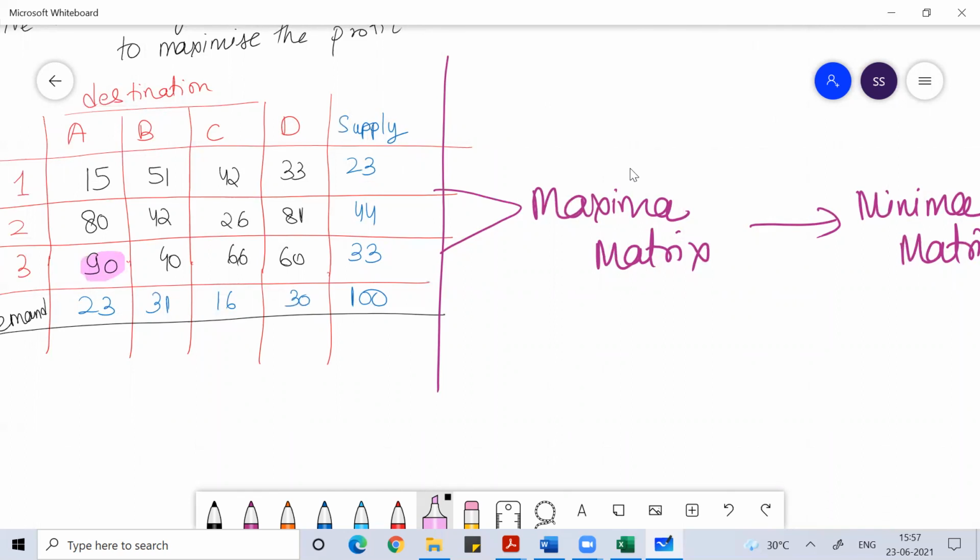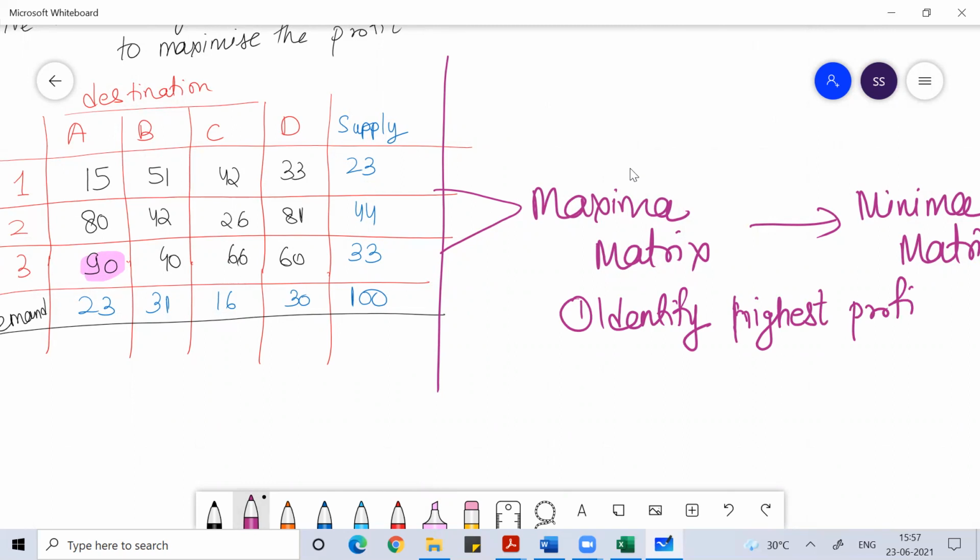To convert the maximum matrix into a minimum matrix, identify the highest profit value.